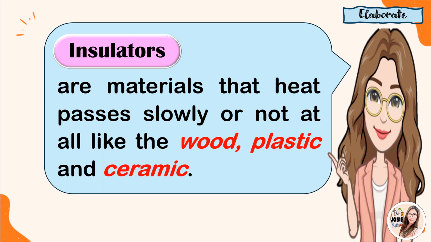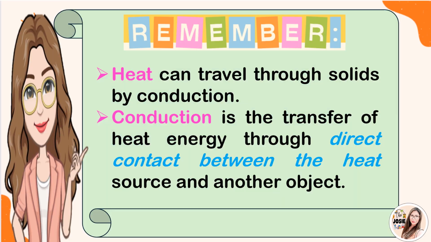In the situation given a while ago, wood is an example of an insulator, because these are materials that heat passes through slowly or not at all. Other examples are plastic and ceramic. Based on our discussion, here are the things that you should remember.